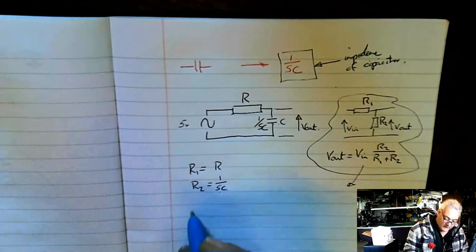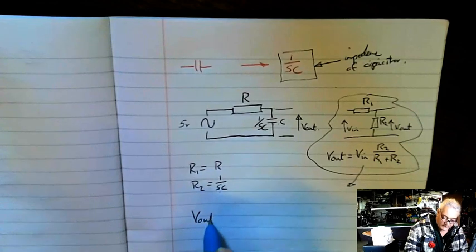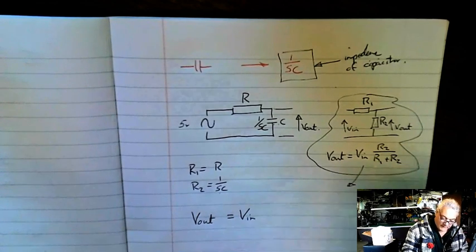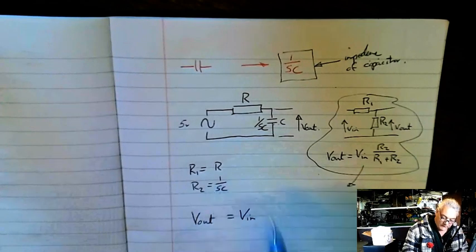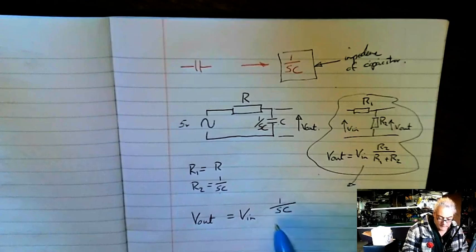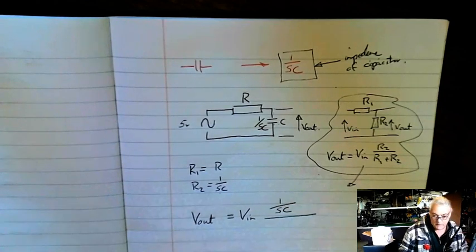Okay, so I get this, V out is equal to V in, nothing different yet, R2, which is 1 upon SC, go with it, we don't mind top heavy fractions, that's absolutely fine in mathematics.